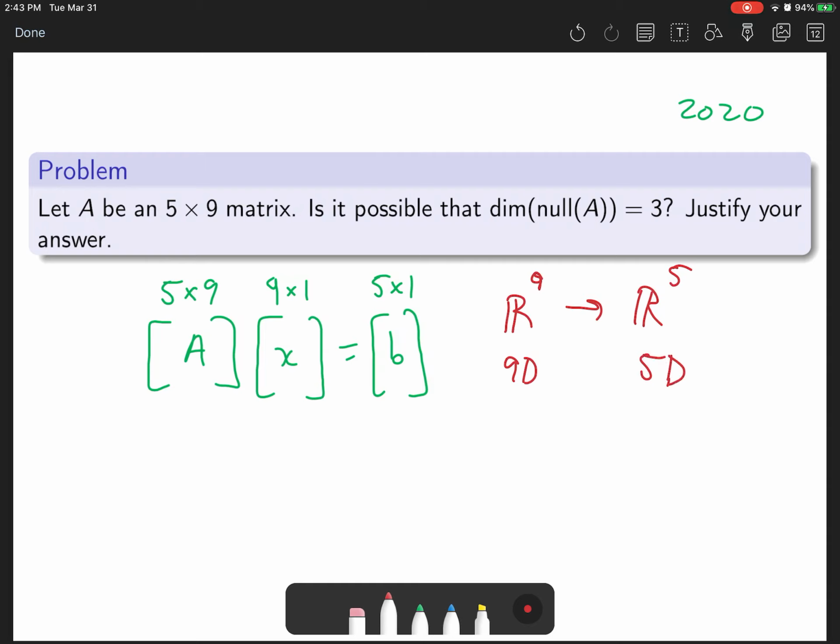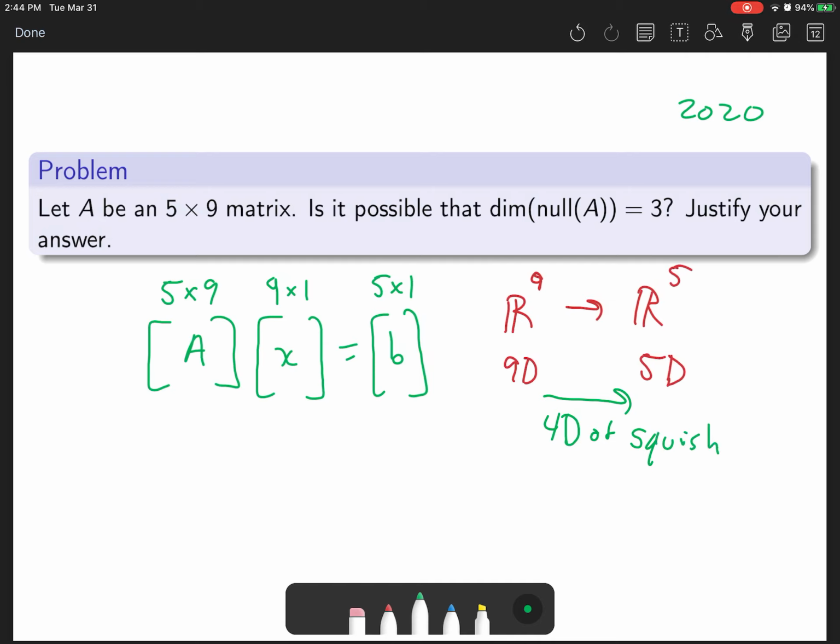Now that kind of linear transformation necessarily has some squishiness to it, right? We're starting off with 9 and then getting squashed down onto some subset of a 5-dimensional space. And in this, we have to have at least 4 dimensions of squish.